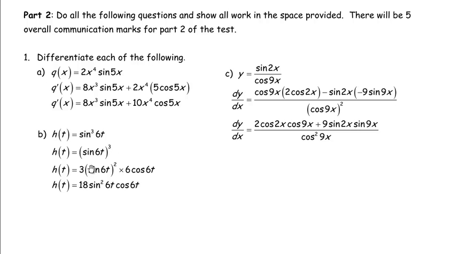So the 3 comes down in front, and it's the inside sine 6t to the power of 3 minus 1 is 2. And then we multiply by the derivative of what's in here, which would be cos 6t times 6, 6 being the derivative of the 6t. And so I'll multiply the 6 by the 3 to give it 18. And then I got these two different sine and cosine functions, so it really doesn't matter which you write first.